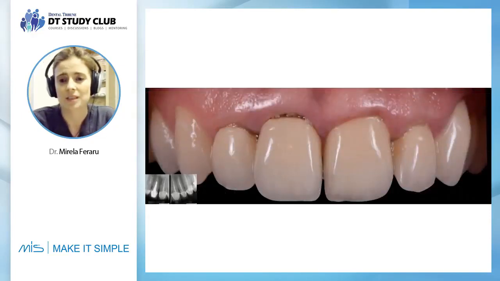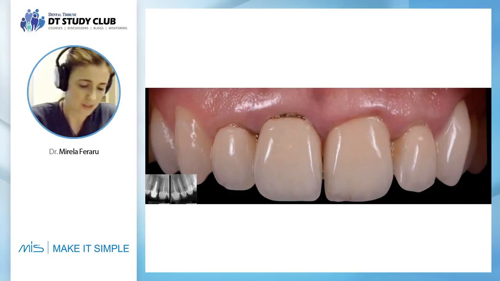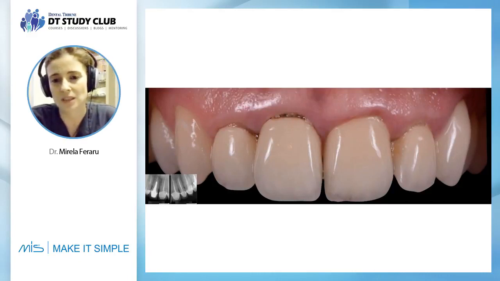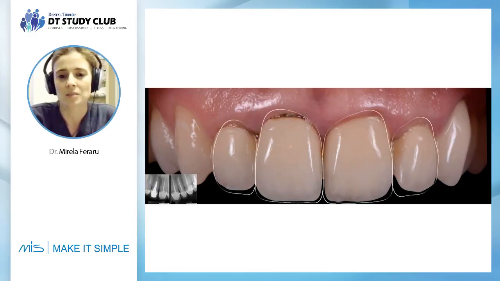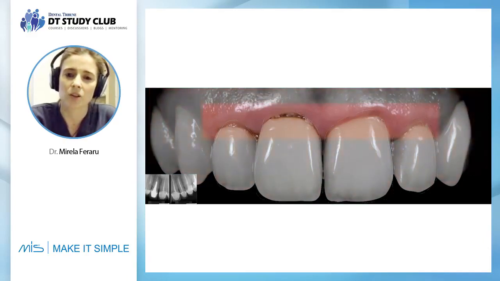Now, when we see such a clinical situation of an anterior dentition, obviously there are several factors that are not in line with our aesthetic concepts and, I guess, also with the expectations of such a patient. So obviously an aesthetic improvement will not be such a big challenge, given the starting point that we have. But as we can see, there is some biological implication.